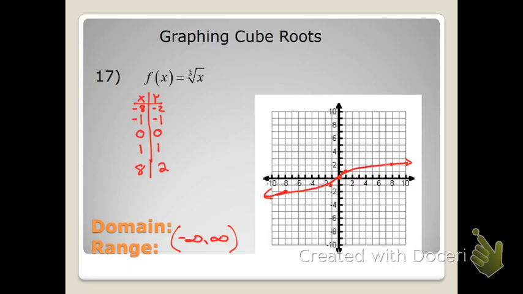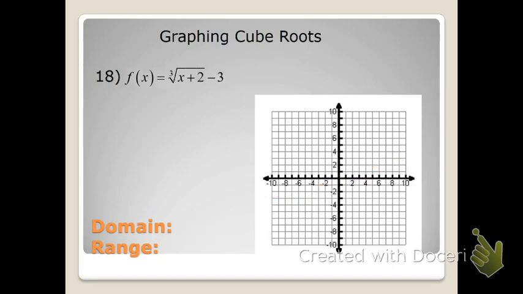What's the next cube root that you know? What's 3 cubed? What's 3 times 3 times 3? 27. Yeah. And then 4 cubed. What's that? 64? So it keeps on going. 5 cubed, 125. So it's from negative infinity to infinity. Cool? Okay, let's start shifting them.